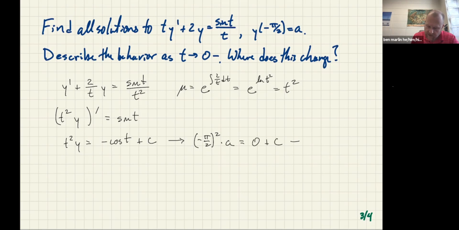So that says that my c value that I need to involve in here is going to be equal to a pi squared divided by 4.